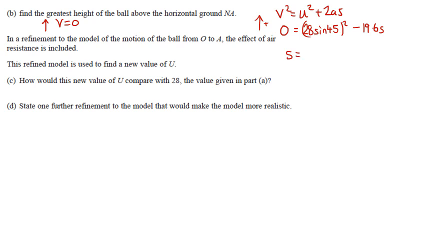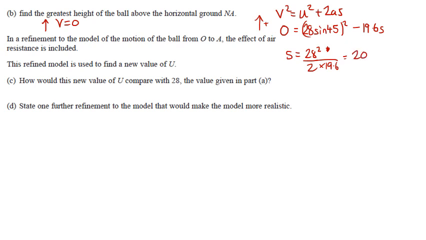If we rearrange this for s, we've got 28 squared times sine squared 45, and that's just a half, because that's 1 over root 2 squared. So we'll put a 2 underneath there, and then divide by 19.6. If we put all that together, we get 20.